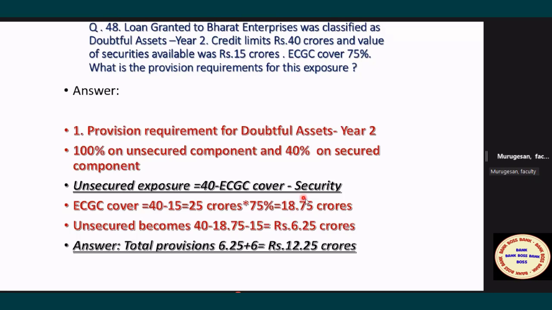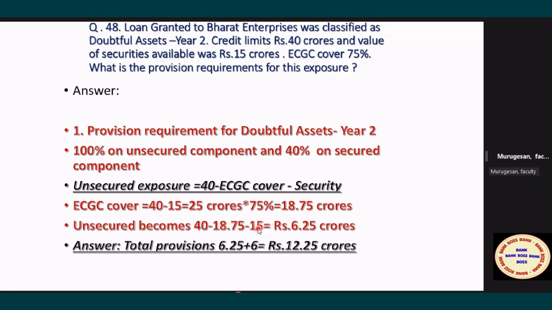Now, unsecured, how to cover? 40 is the exposure, 18.75 may come from ECGC. The 15 is the value of the securities. So the 6.25 is the unsecured component. Entire thing you provide, 100% you provide. Then on the 15, not on 18.75. 18.75 is ECGC, there 0.